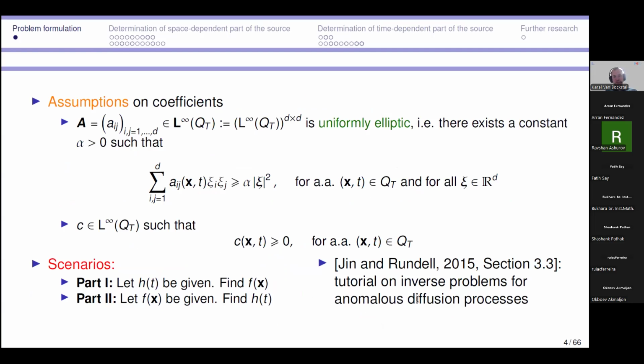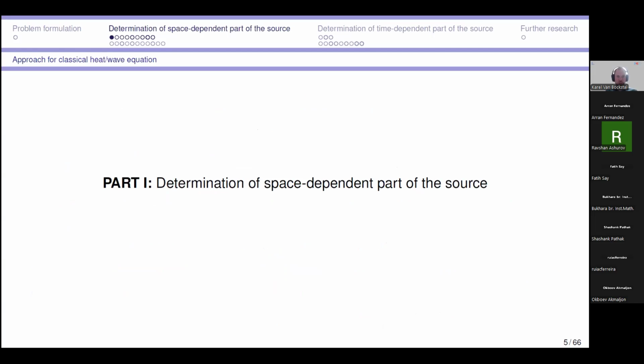And these are inverse source problems, and there is a nice tutorial on inverse problems for fractional diffusion equations by Jin and Rundell. Section 3.3 in that tutorial is also devoted to inverse source problems. So this is what we'll start now with part 1.